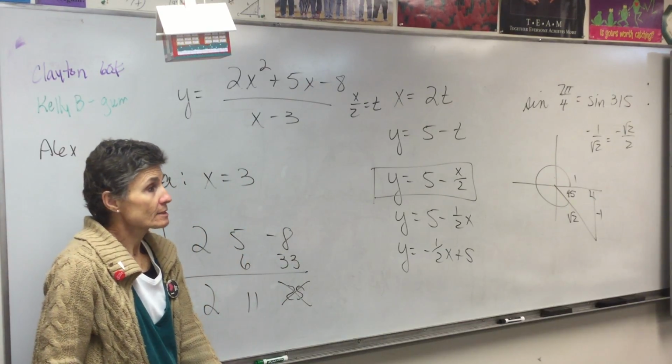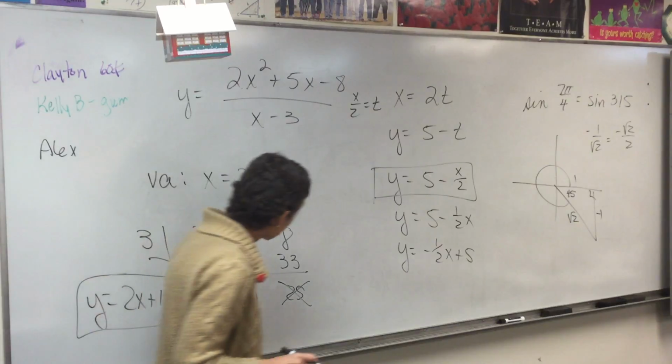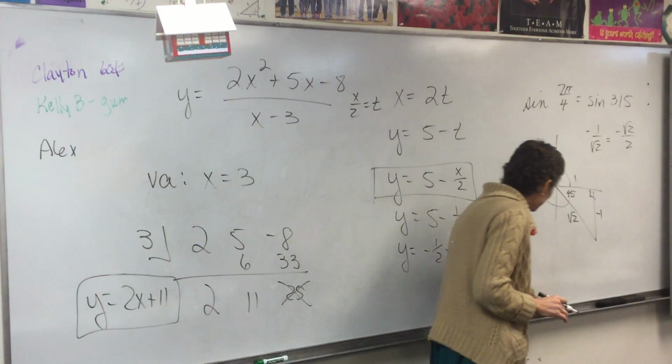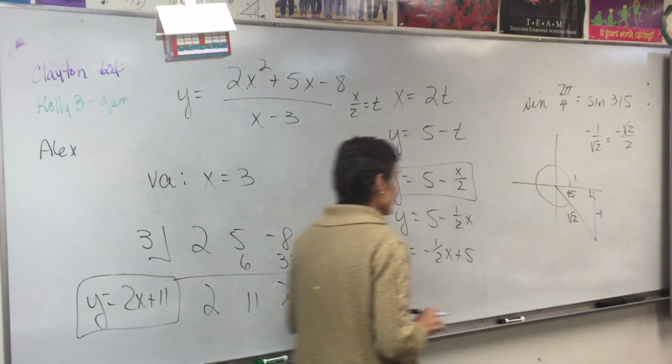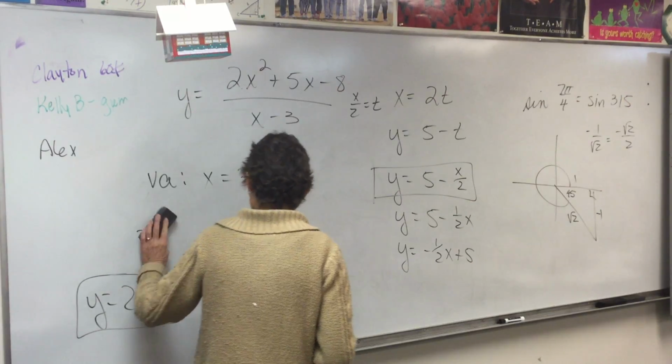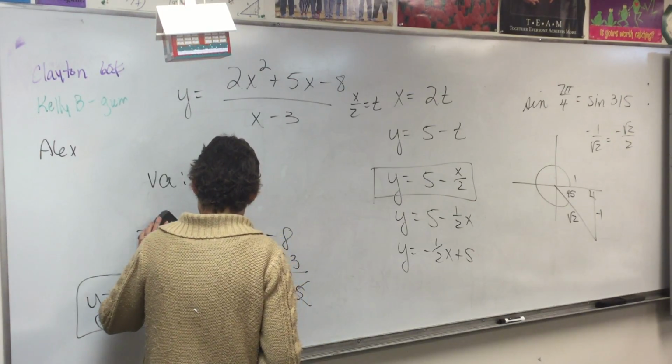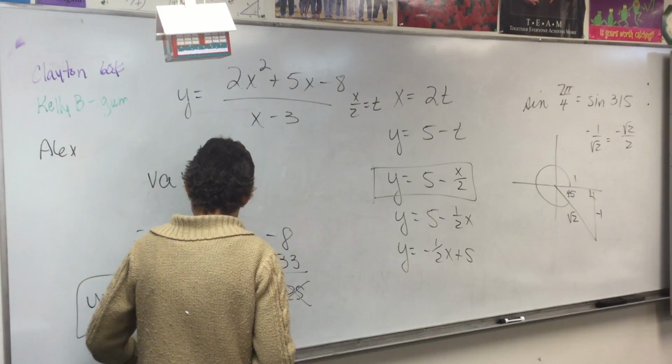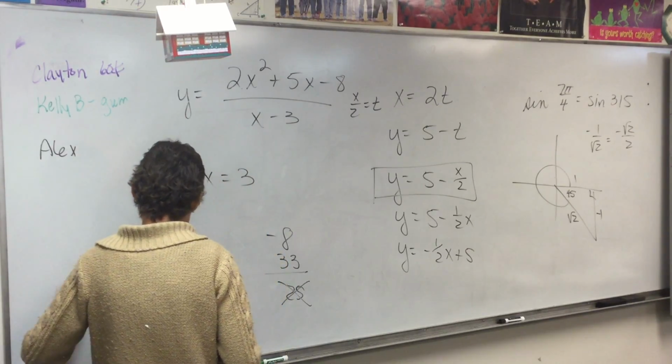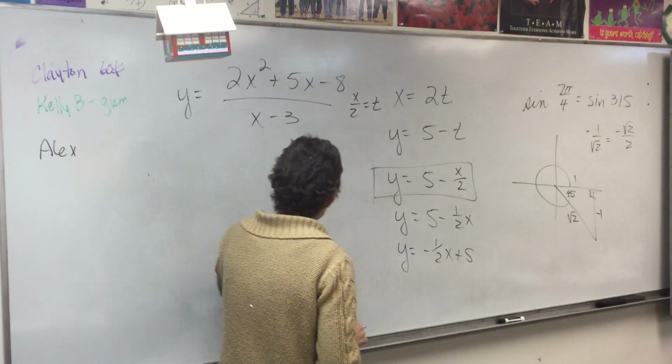All right, what else? Can you do a problem where you complete the square, and then you can tell what the translation of it is from x squared? It's just like translation, so you have to complete the square.